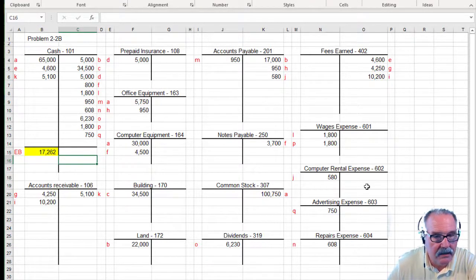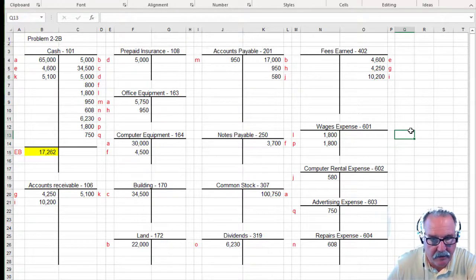That's the balance in the cash account at the end of the transactions, the end of the month.